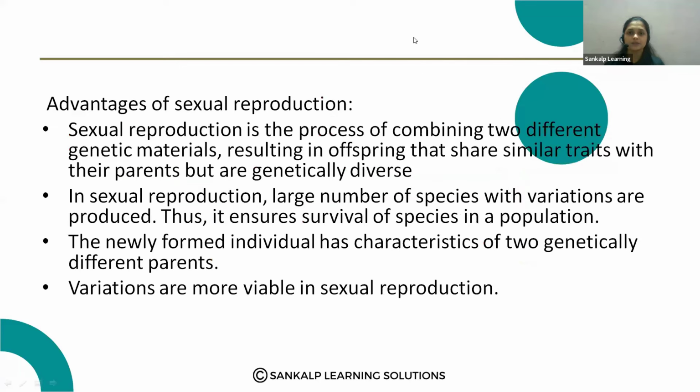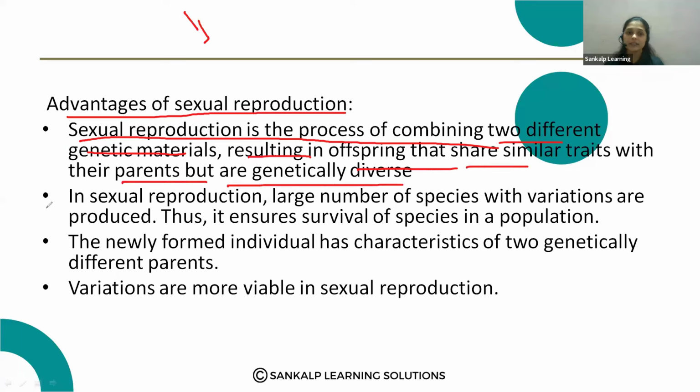So here, what are the advantages of sexual reproduction? First thing, sexual reproduction is the process of combining two different genetic materials. In sexual reproduction, from the male and from the female, a combining of the genetic material takes place, resulting in offspring that share similar traits with their parents but are genetically diverse.